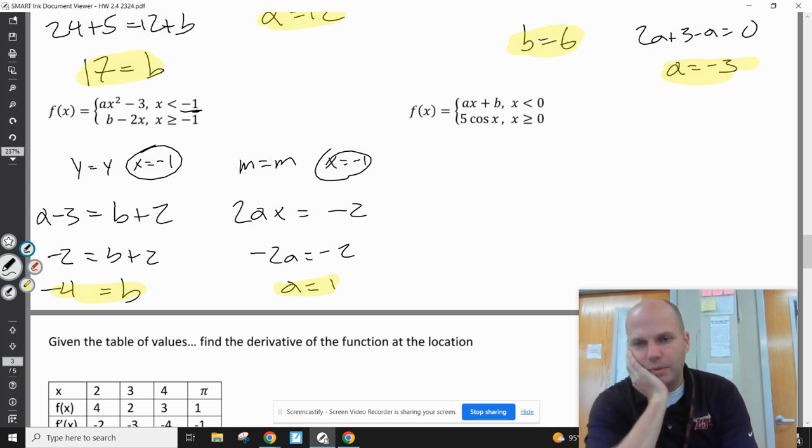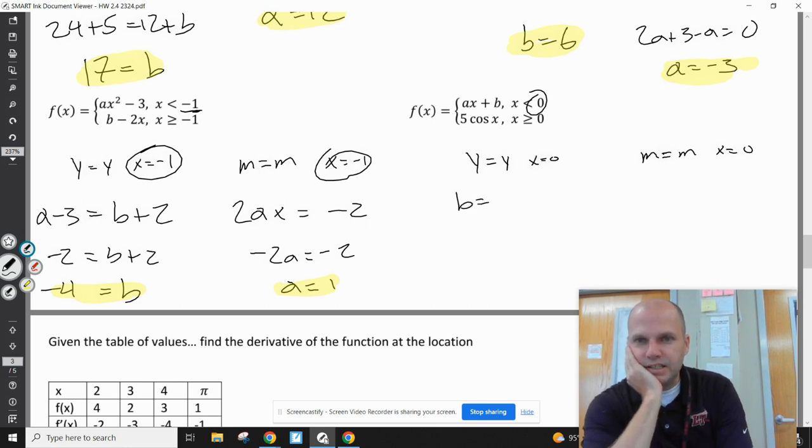This one ends up not being very nice. I think this equation up here has to be like 0 plus b, or whatever. The important x value is 0. B has to equal 5. I plug in 0, I just get b. The cosine of 0 is 1.